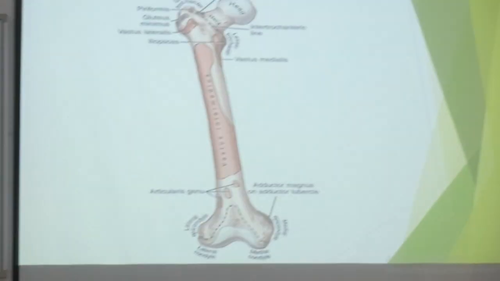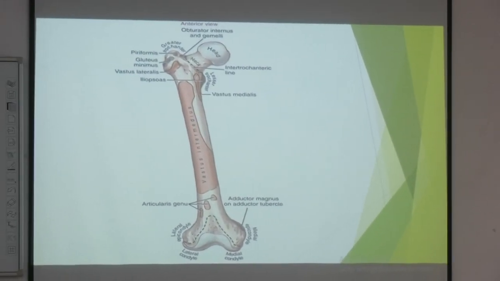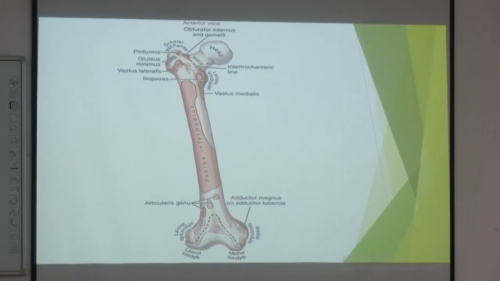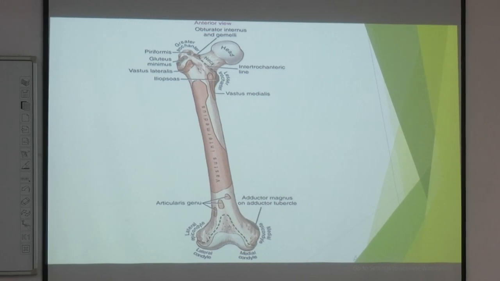Now, other than this, we are moving to the attachments on the shaft. If you divide the shaft according to attachments, this is the shaft and this is the anterior surface.